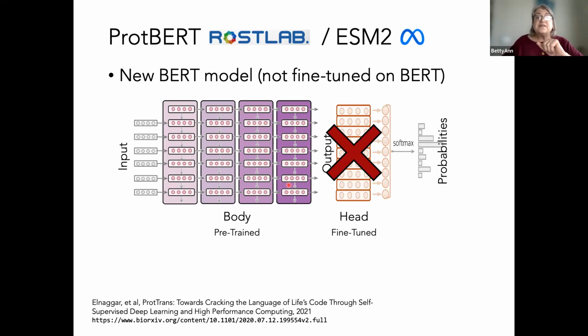But the thing I want to stress here is that both these models, ProtBERT and ESM2, are not that BERT model I talked about a minute ago and then fine-tuned. It's not that at all. Really, it's trained from scratch. There are tons of databases out there for free that have a lot of information about proteins.